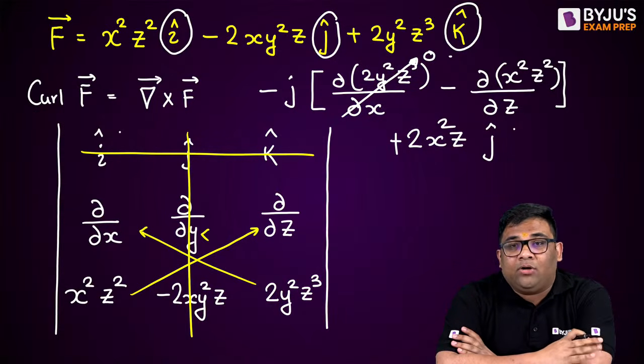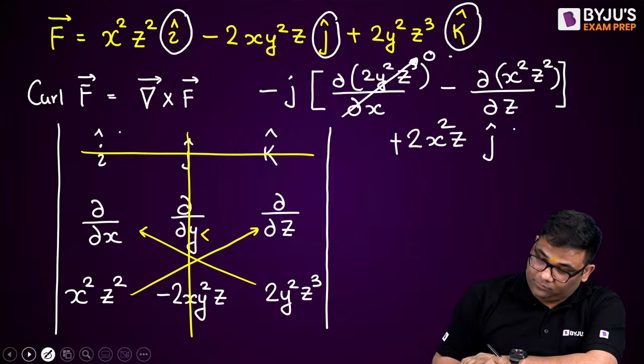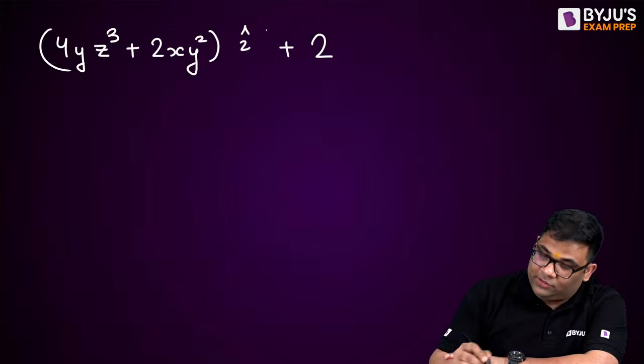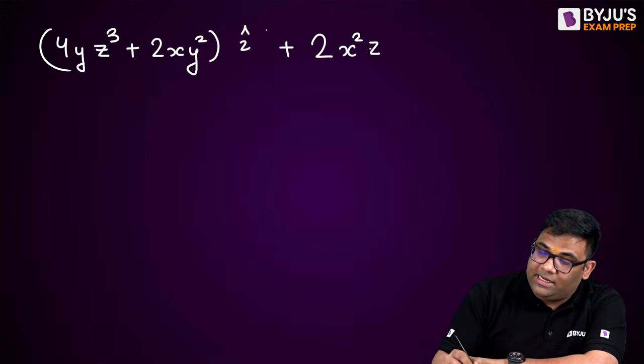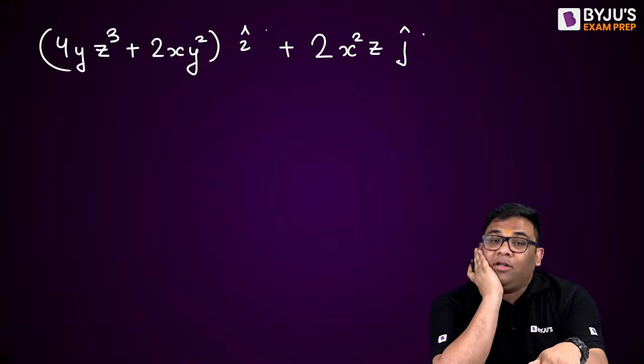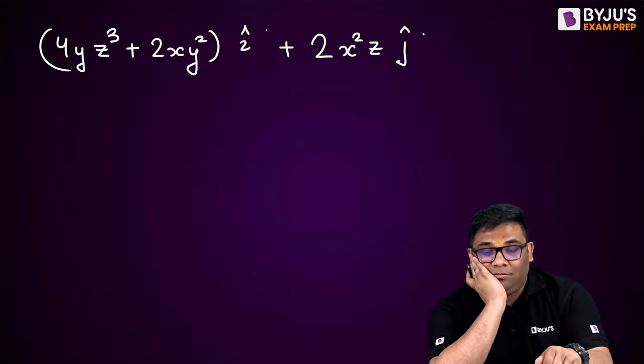Everybody understood this or not? Tell me. Okay. So I'll get 2x square z j cap. Easy. Got it or not? Clear? Okay.